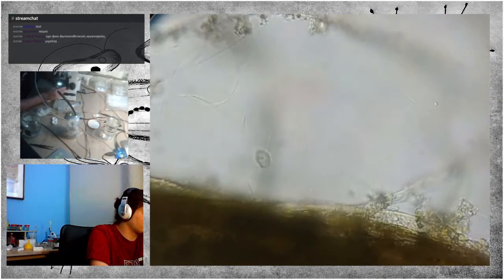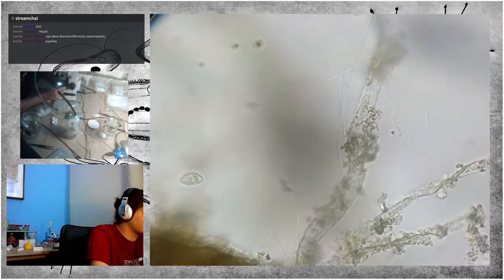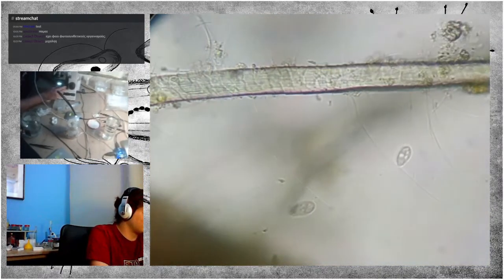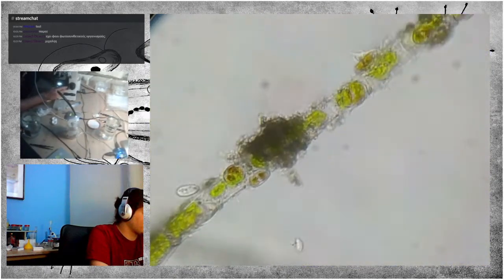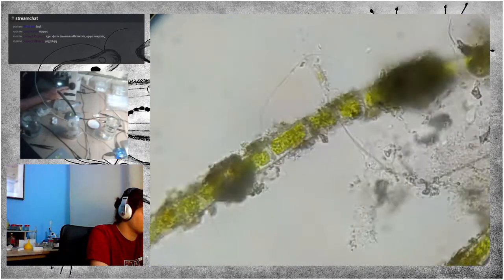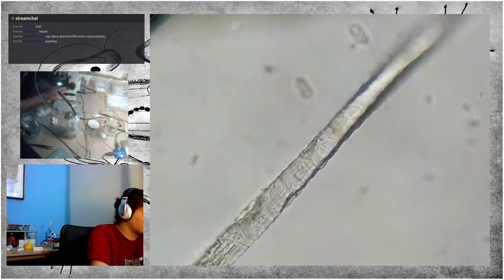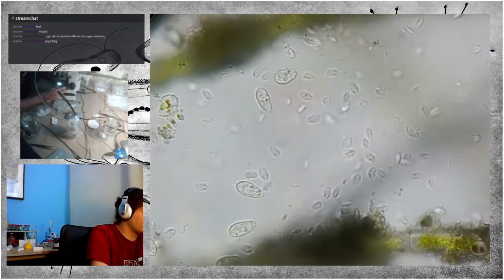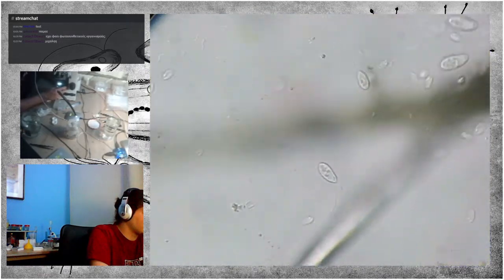I think this is the same species of ciliate as the previous one, the one that I thought was the, I don't remember its name. Oh, here is another mass of ciliates.